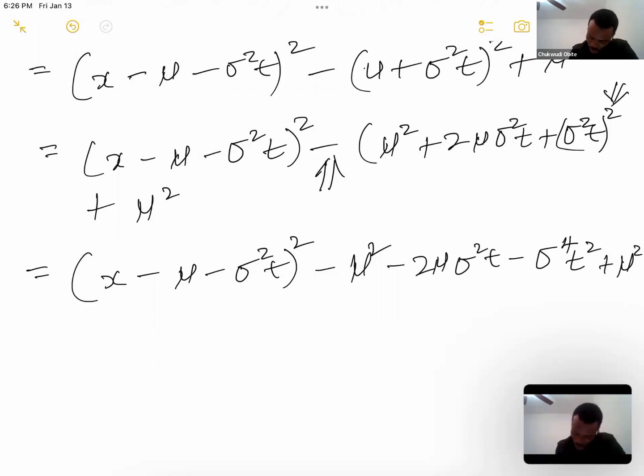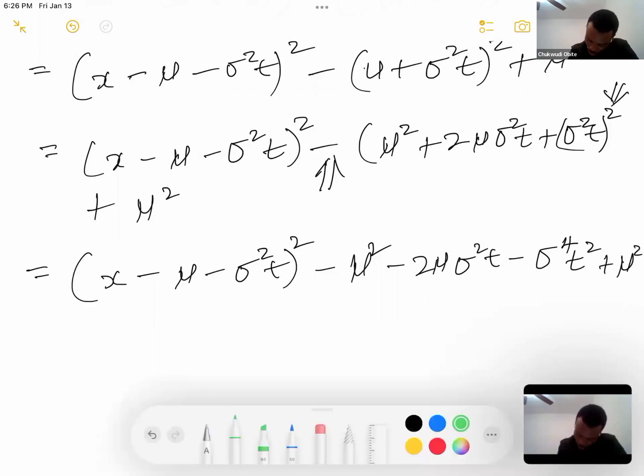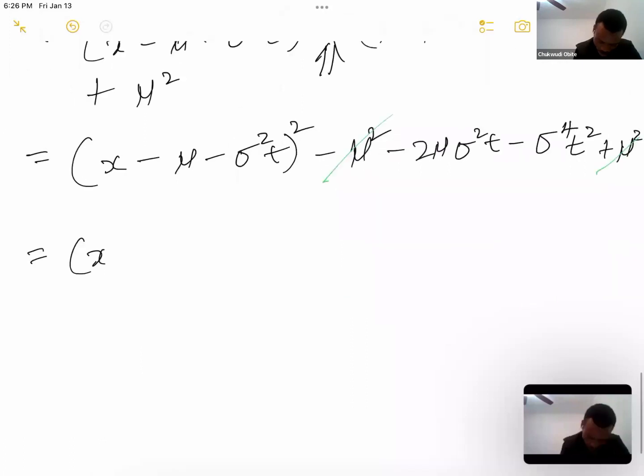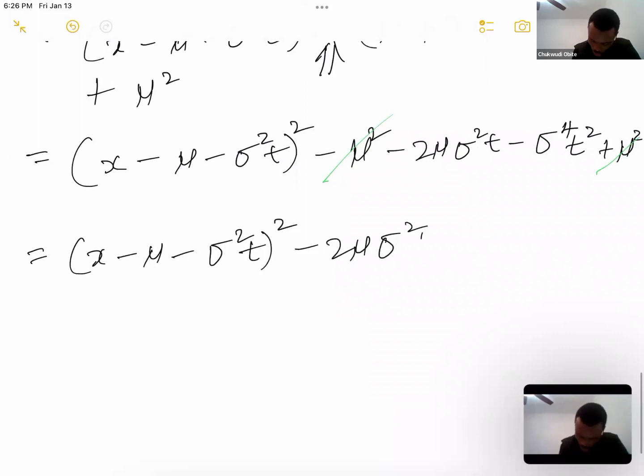So plus mu square, we cancel out minus mu square. So I will have x minus mu minus sigma squared t squared minus 2 mu sigma squared t minus sigma 4 t squared.